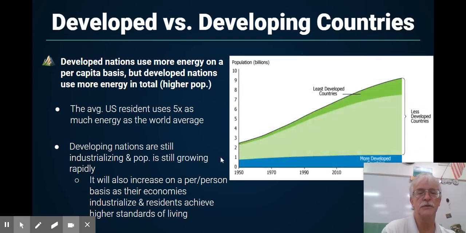So we can see here from 1950 up to today, the more developed countries have basically not increased in the amount of energy per person, whereas the developing countries have gone way, way up in the amount they use. Why? Because of the amount of people.